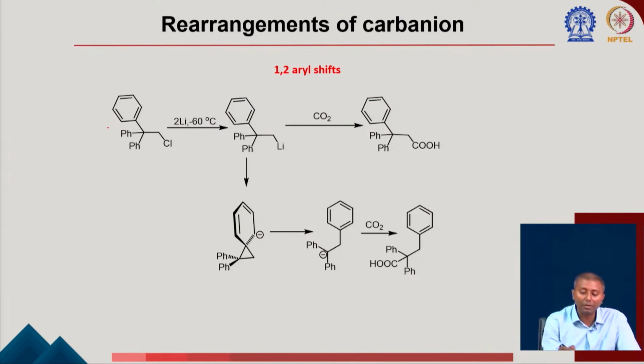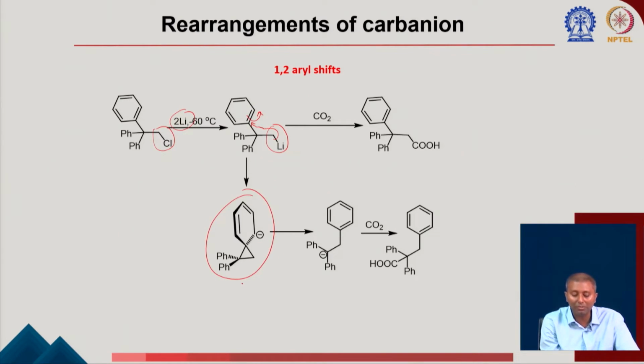Once you have a phenyl group, what is happening? This lithium, which is forming here through the metal halogen exchange of this carbon chlorine bond, now this anion can attack here to form this corresponding carbanion. Now you can see this carbanion is getting stabilized through resonance.